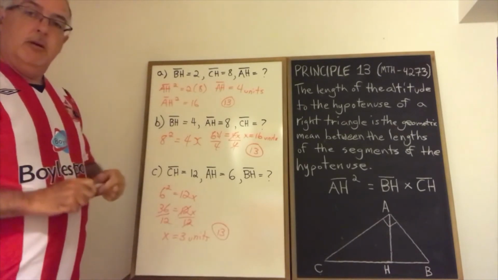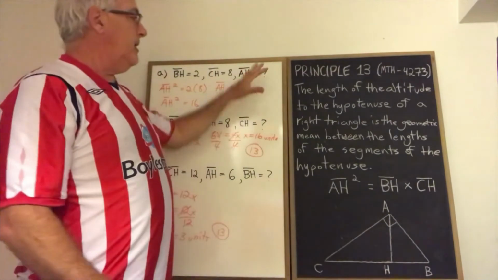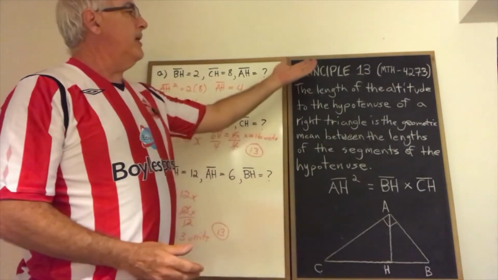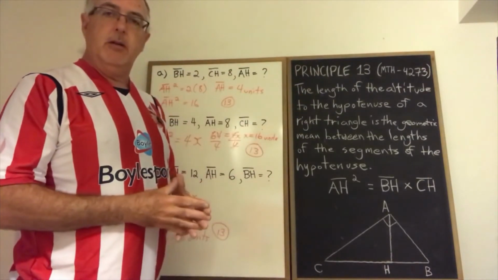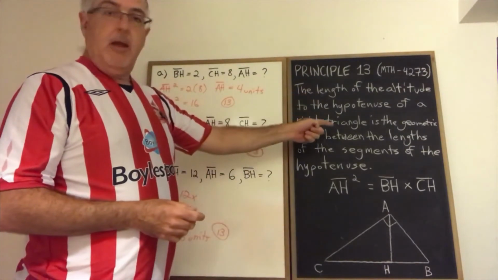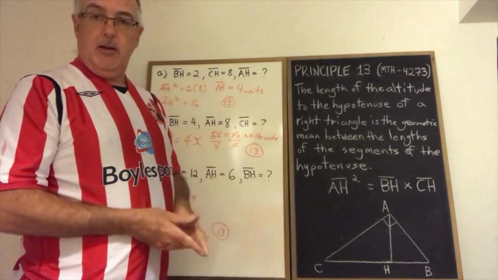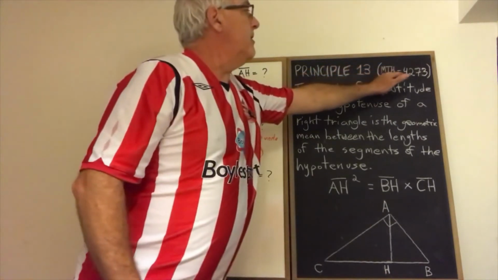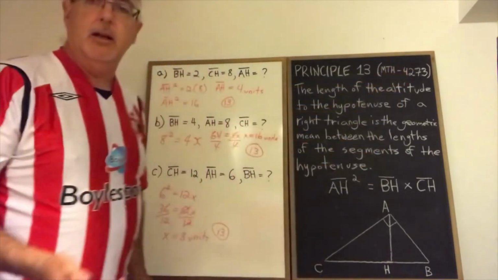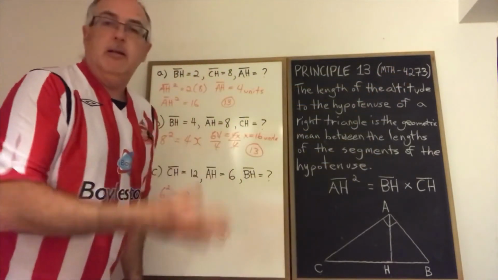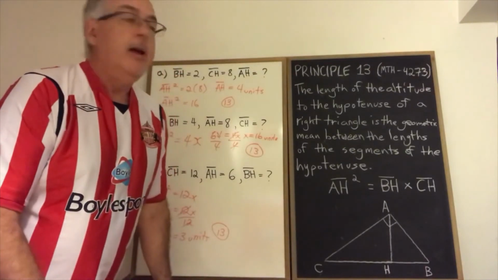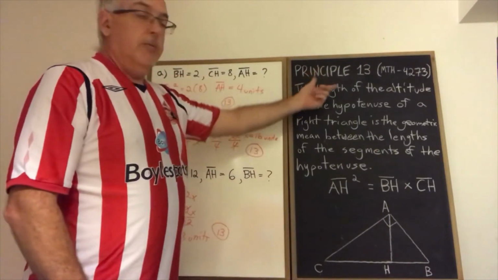One more note is to point out that if you're studying this same math in a different curriculum, you may have a list of principles and theorems that you're using. You may have this one, but it might not be number 13 in your list. An example of that is the fact that this is the Advanced Secondary 4 geometry course that I teach in my classroom, but I also teach the Basic Secondary 4 geometry course, which is called Math 4153, and it has a list of principles and theorems.